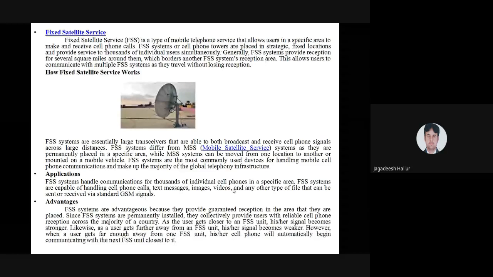One base station is connected to the other, and to one more, so many base stations are connected. After connecting these, you are not losing any call. So that is the fixed satellite service. Okay, we'll stop here.